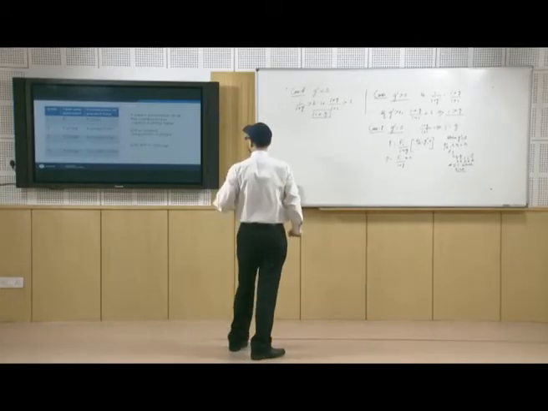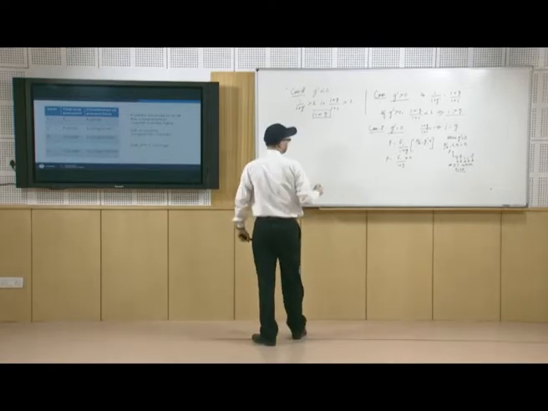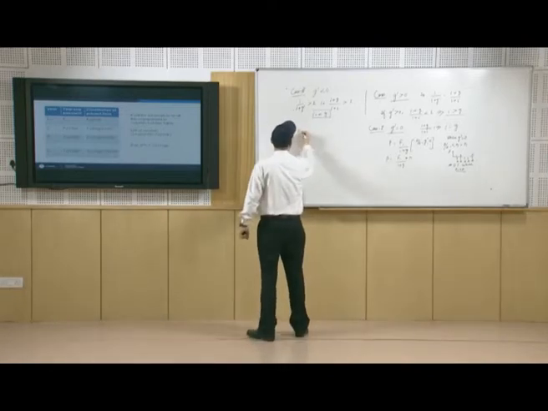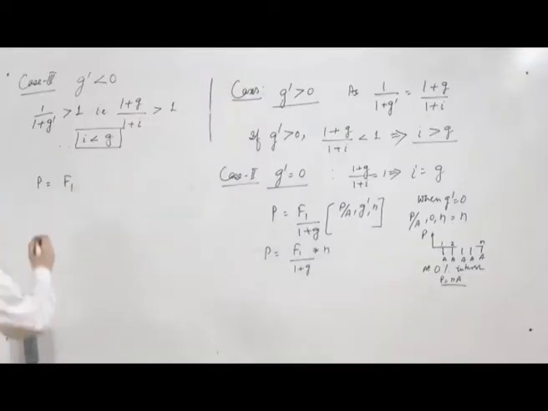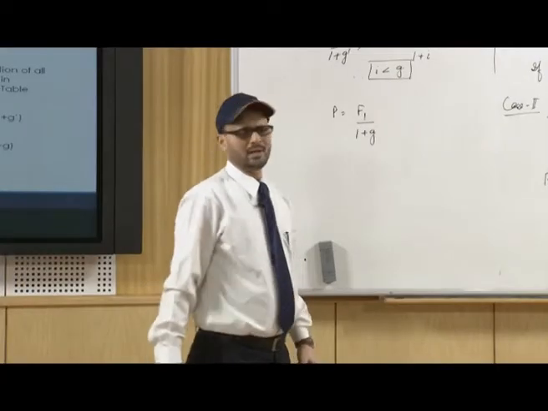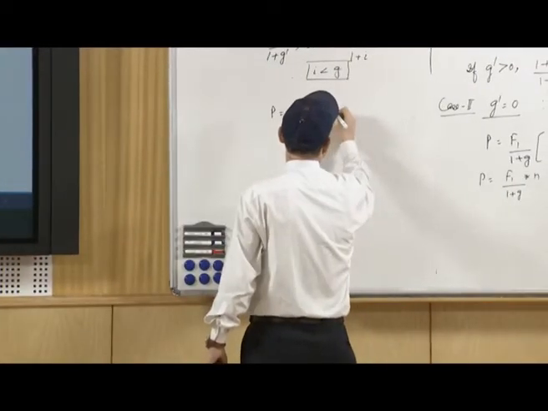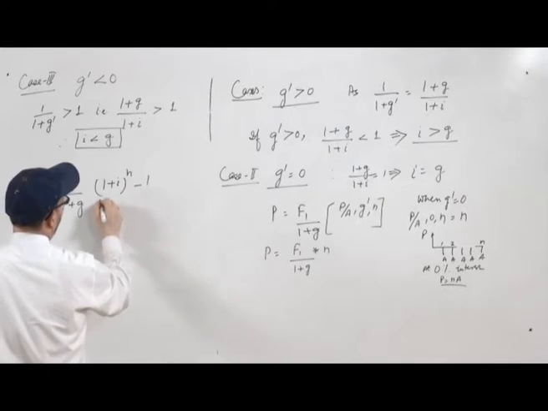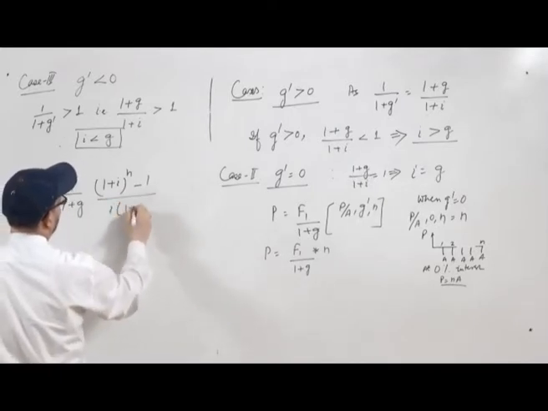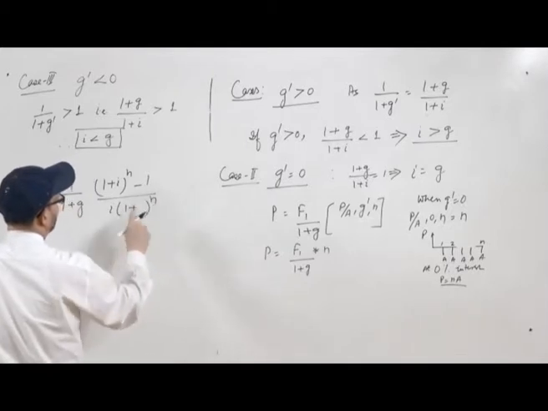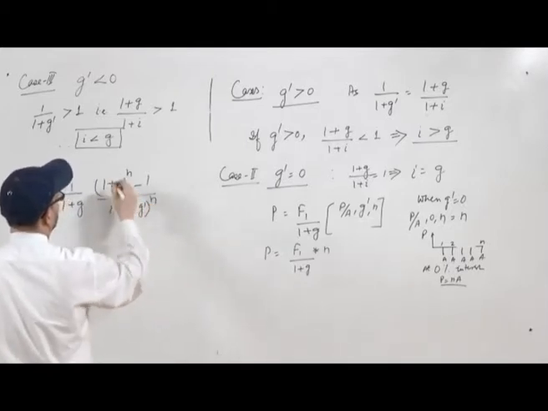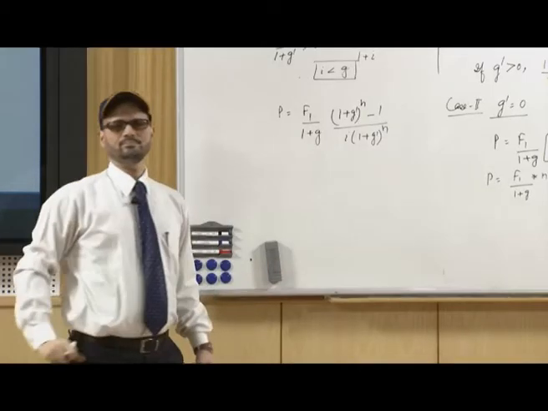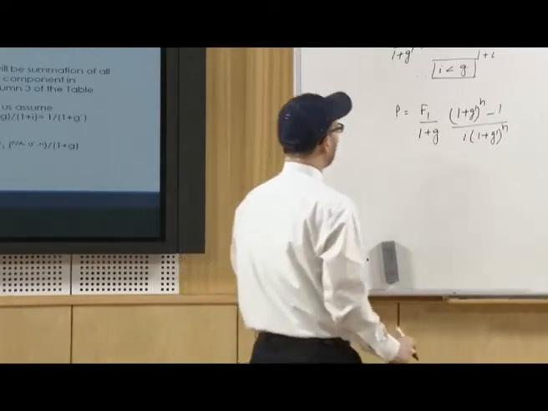What will happen in those cases? If you look at the factor, P is F1 by 1 plus g into P by A g prime n, and P by A g prime n is nothing but 1 plus i to the power n minus 1 by i into 1 plus i to the power n, where i is replaced by g prime. Now, what will happen in this case?